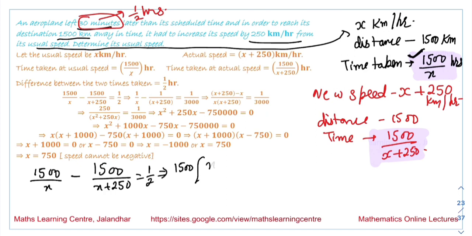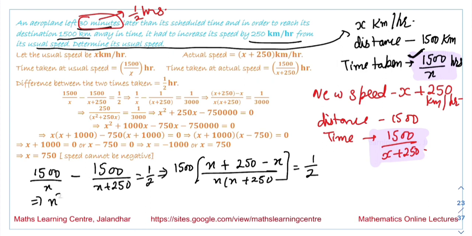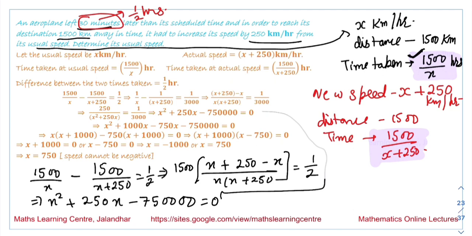Taking 1500 common, we get x plus 250 minus x over x into x plus 250 equal to 1 by 2. So the equation we get is x square plus 250x minus 7500 equal to 0. This is the quadratic equation corresponding to this situation.